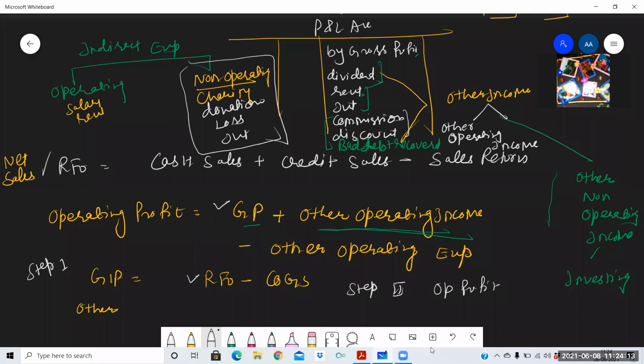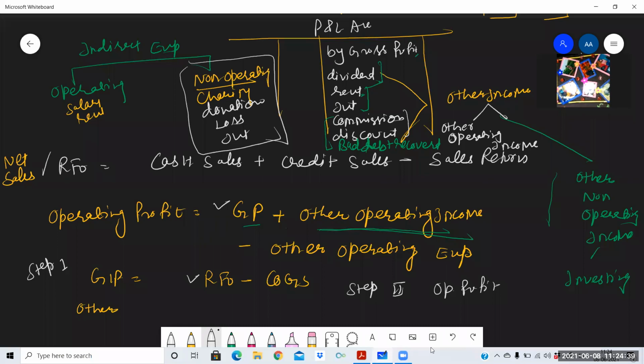Other operating expenses means apart from these four, any expense: trading expense, selling expense, office expense, general, administration, advertising, any insurance premium which is related to the regular operations of the business. Apart from four, which four? Charity, donation, any abnormal losses and interest. Then what will we be getting? We will be getting operating profit.